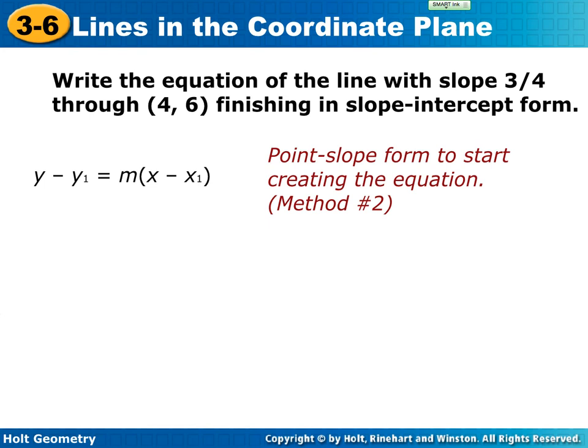Fill in the point that you want it to go through. That's your 4, 6. Put those in for your x1, y1. That's one of the points we want it to go through. And then the slope is supposed to be 3/4. That's the m.